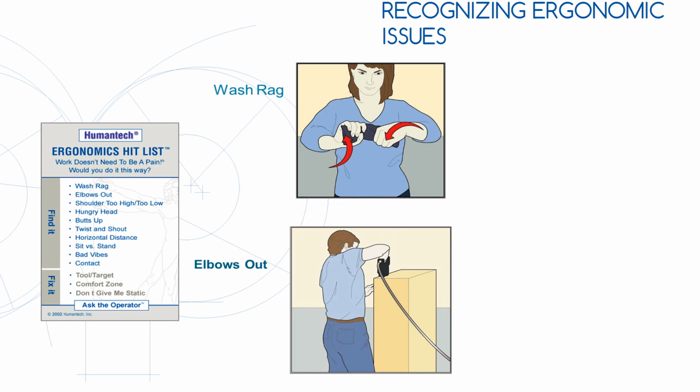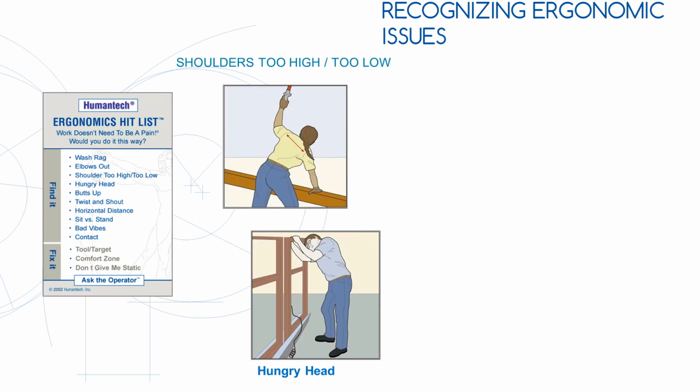Recognizing ergonomic issues. Let's look at some of these examples. Wash rag, elbows out. These are really bad ergonomic situations that can lead to injury further down the road. Shoulders too high or too low.